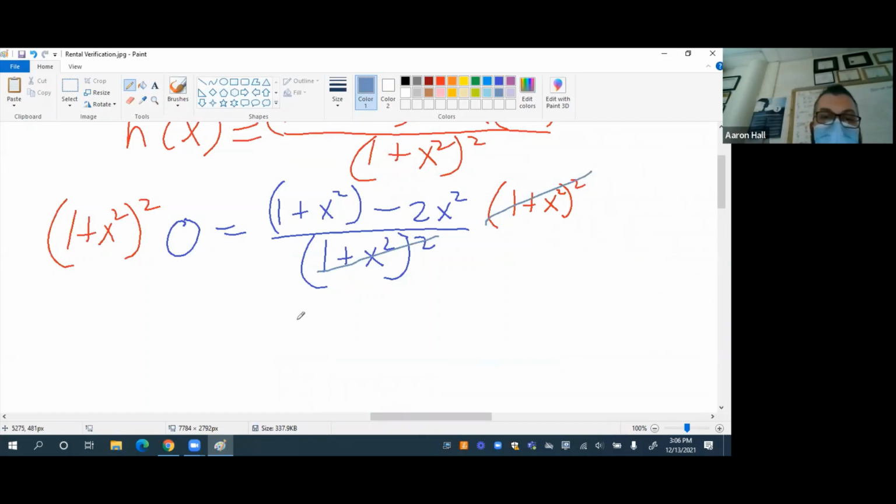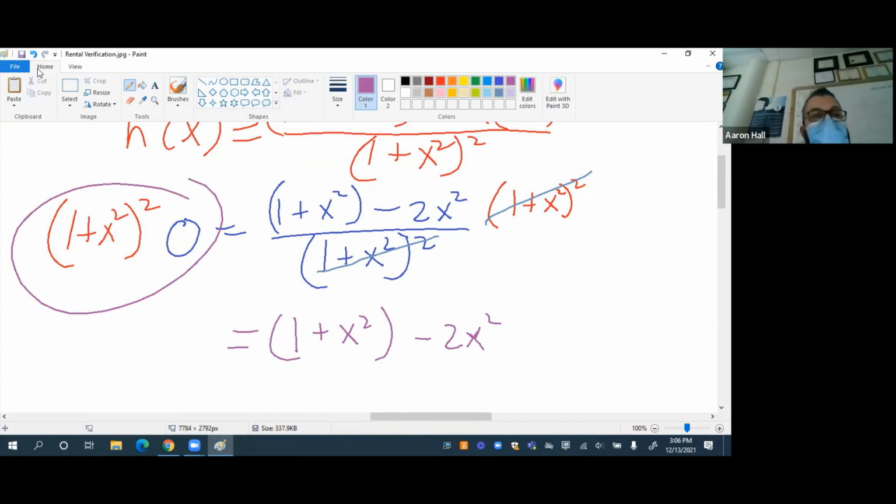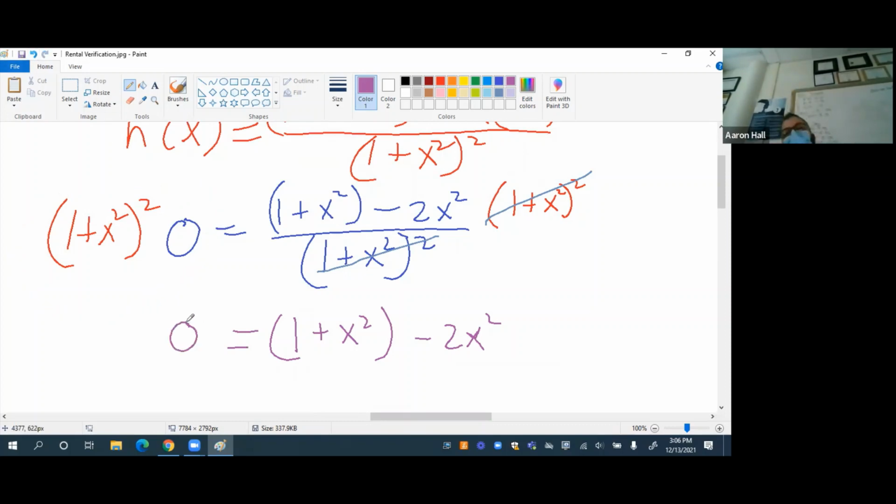I'm left with one of these, 1 plus x squared minus 2x squared. And Josh, what happens to the left-hand side? What does this become? 0. Yeah, how nice is that? It didn't have to be that scary. The denominator just cancels out because the other side equals 0. So if I just multiply by the denominator, it goes away.